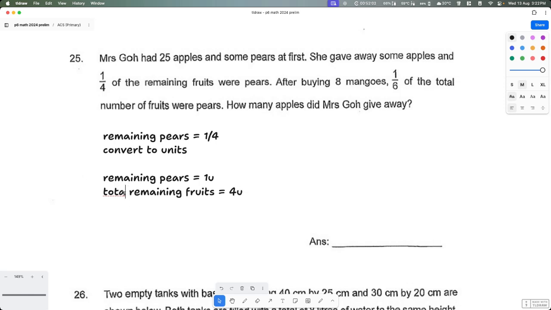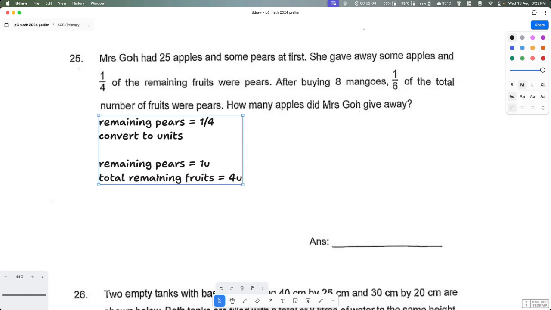Always have this in mind first. And then the remaining apples is equal to 4 minus 1, equal to 3 units. So now we know that after she gave away some apples, we are left with 1 unit of pears and 3 units of apples.